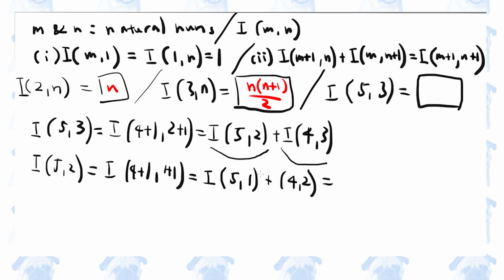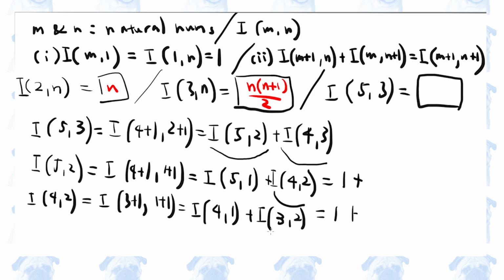I of 5, 1 is 1, but we don't know what I of 4, 2 is. So let's do 4, 2. 4, 1 is 1, and what is 3, 2? When n is 2, 2 times 3 is 6. 6 divided by 2 is 3. So this is 4.